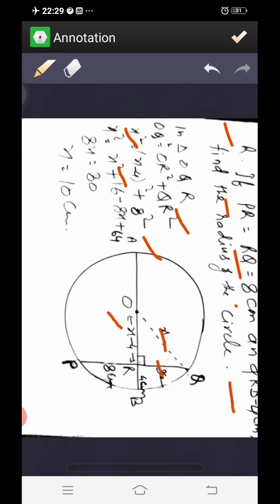So X square equals X square plus 16 minus 8X plus 64. Both sides X square cancel, so 8X equals 80. So X equals 10 centimeter. Means the radius of the circle is 10 centimeter. Answer.